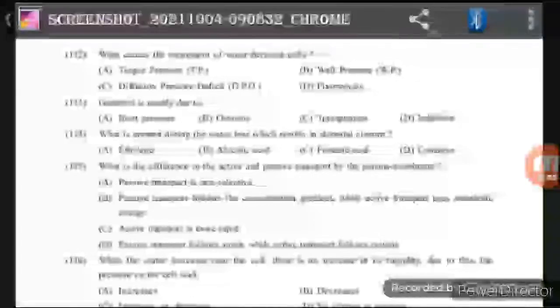After question number 112, we come to question number 113. Here they have asked about guttation, which you learned in the match the following, where we learned this topic.